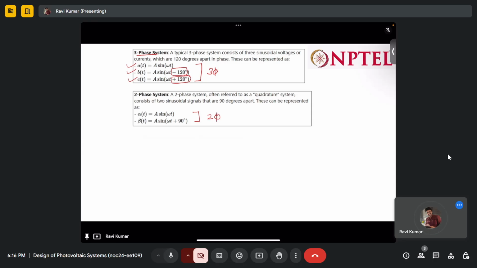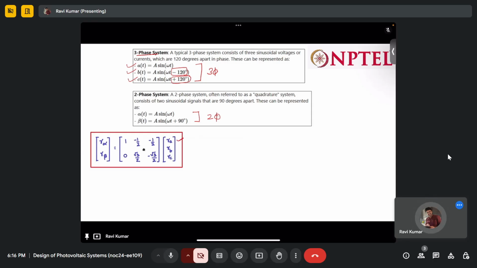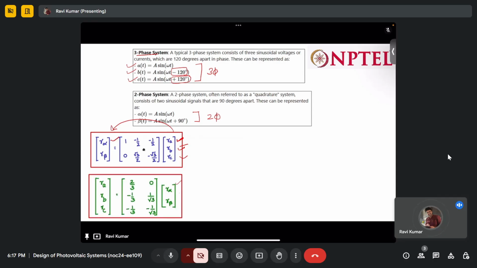And then we have conversions like DC to AC, AC to DC, alpha, beta. It is based on the axis, as you have gone through in the class. These are just the formulas or the matrix form, how we convert this ABC form into alpha, beta, then back from alpha, beta to ABC form.